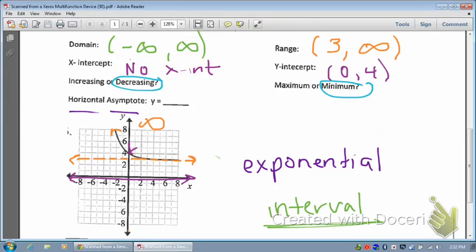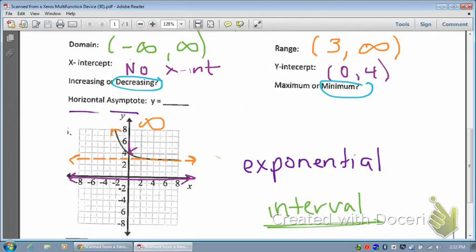Our minimum point will be what? What do you guys think? If anything, it could be 3. We could say 3. So in this case, we'll say our minimum point is coming around 3. But in actuality, you probably won't have a minimum. Just for the sake of saying it, we'll say it has a minimum.